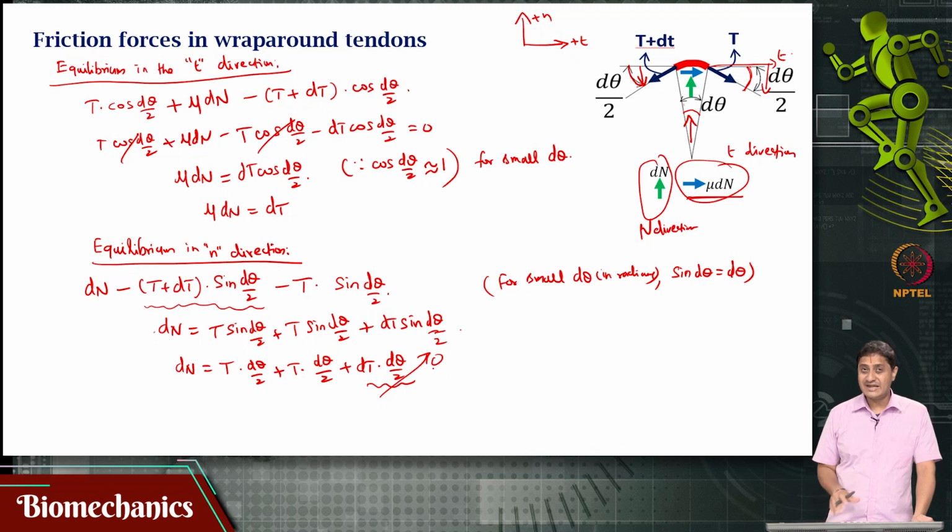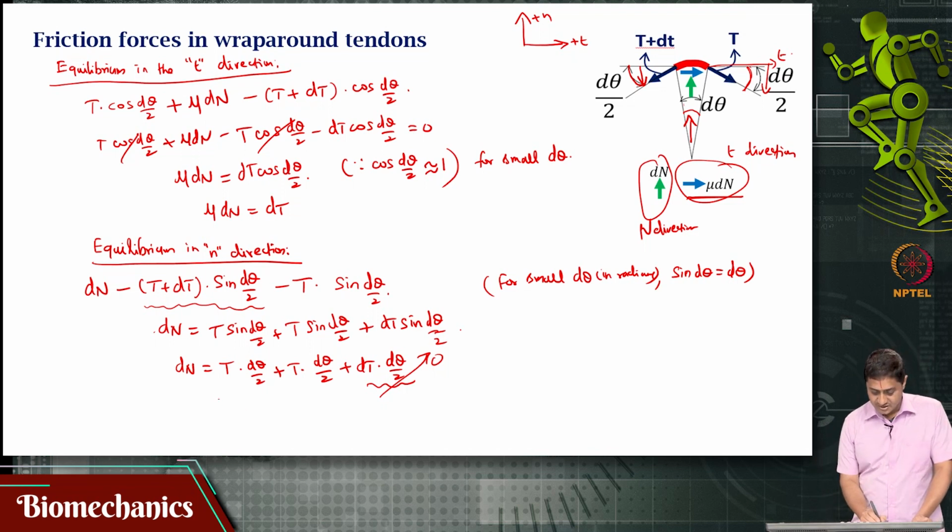So, I am neglecting that, the product of second order differentials, from the analysis. The sum of t d theta by 2 and t d theta by 2 will give me t d theta.